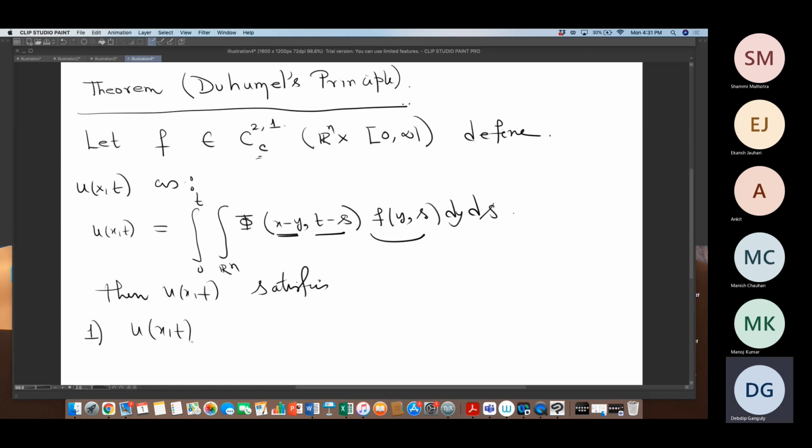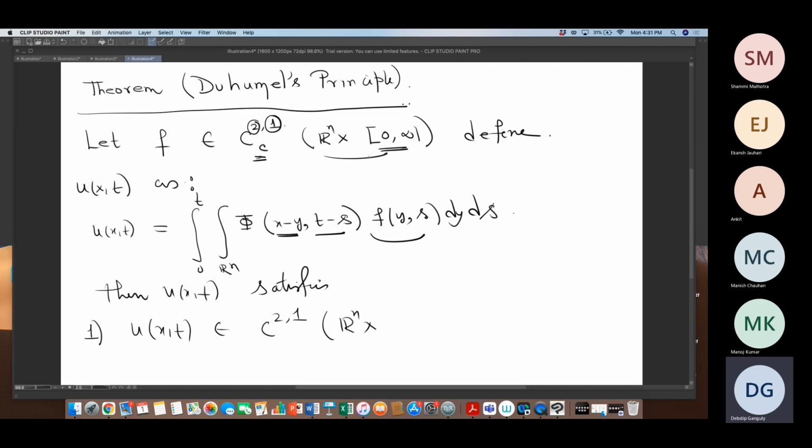First of all, u(x,t) is C2,1. C2,1 means that in the x variable it is C2 and in the t variable it is C1, and continuous. And f has compact support, meaning the support is compact.